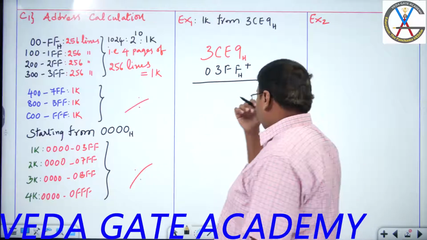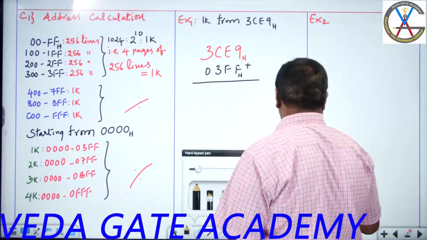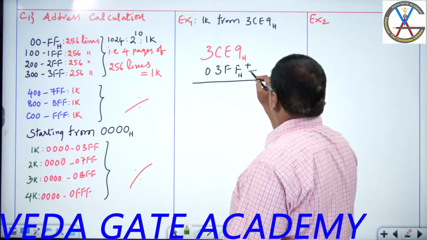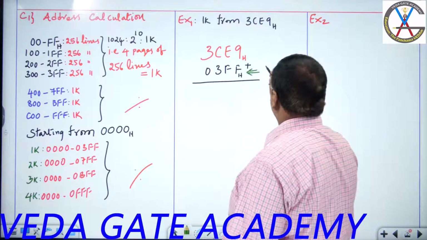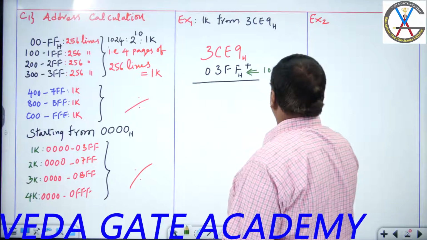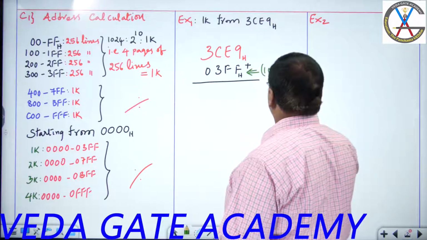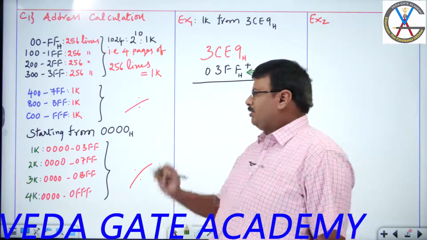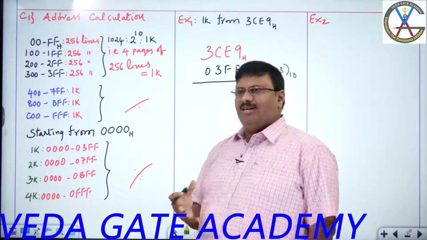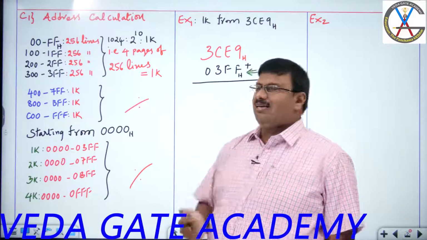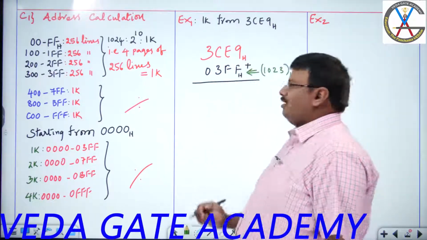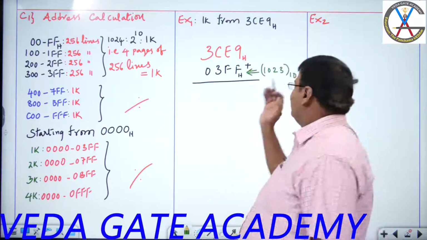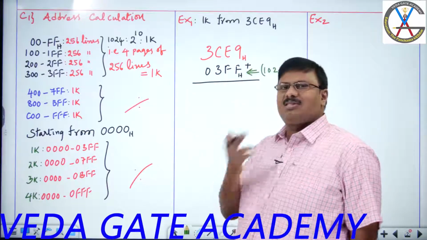I want 1K now. Make a note, important: 03FF is 1023 only in decimal. Including 0000 it is 1024, 1K. If I remove that, 03FF itself is only 1023. So one address plus 1023 is definitely equal to 1024. Try to understand the logic.